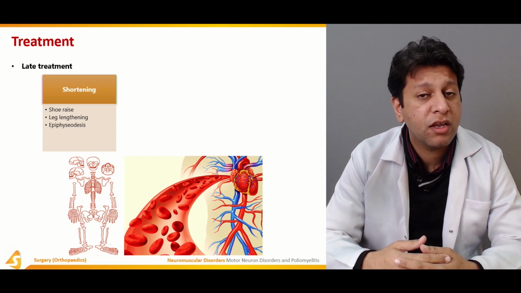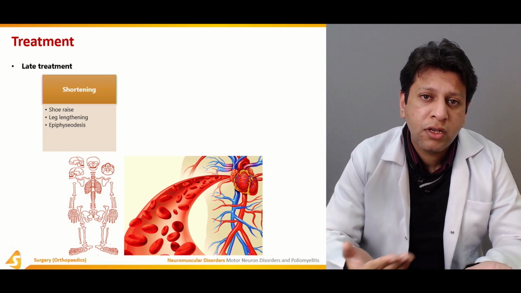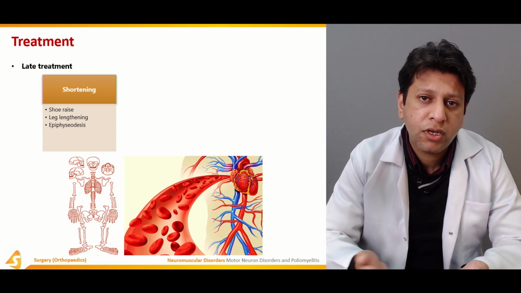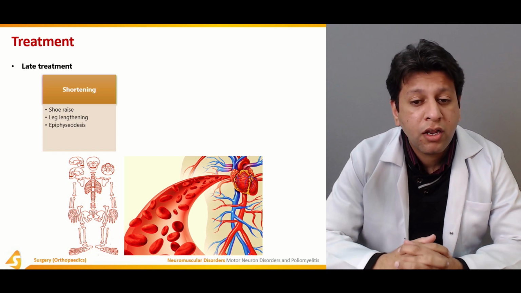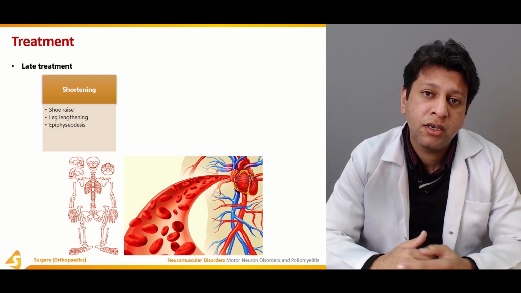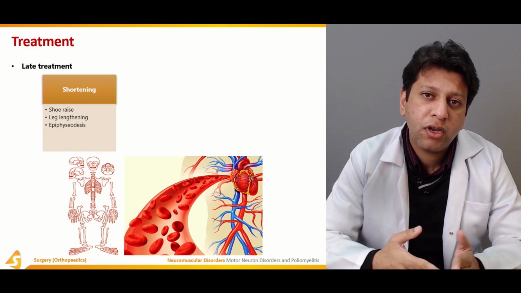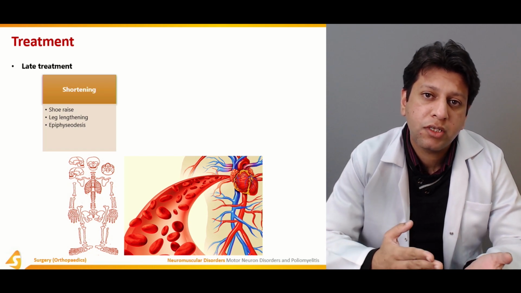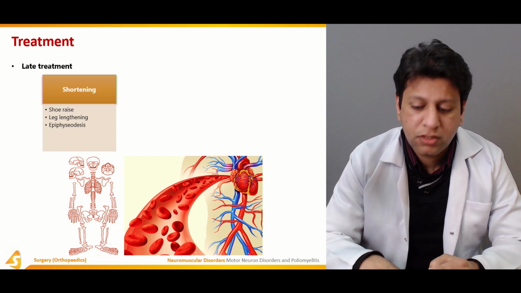It could be dealt with leg lengthening, that is, use of an Ilizarov to lengthen the bone, or using a bone transport so that the leg length discrepancy can be decreased. Or the other option is epiphysiodesis of the contralateral side, that is the normal side. As we know that this side which is short cannot grow properly, we can block the growth of the other side so that the limb length discrepancy does not go beyond a certain limit.